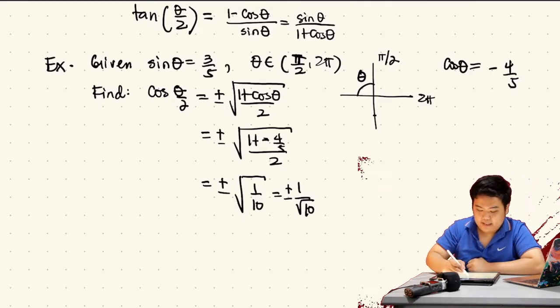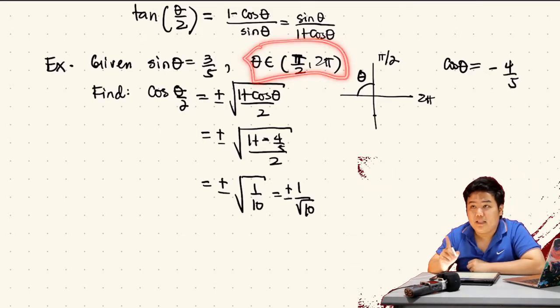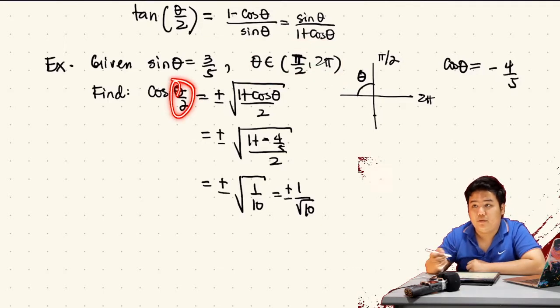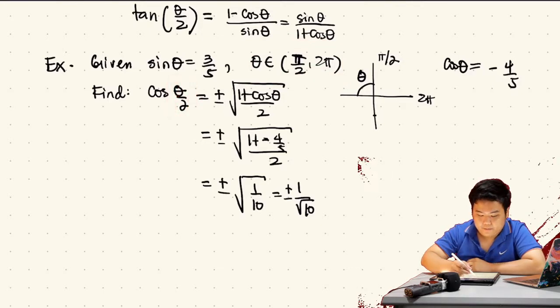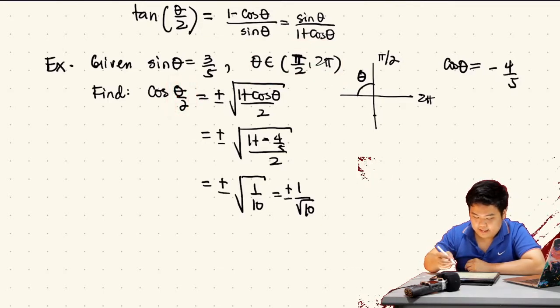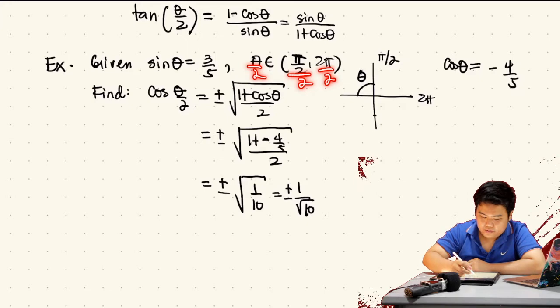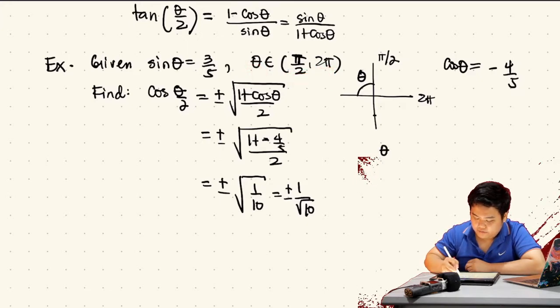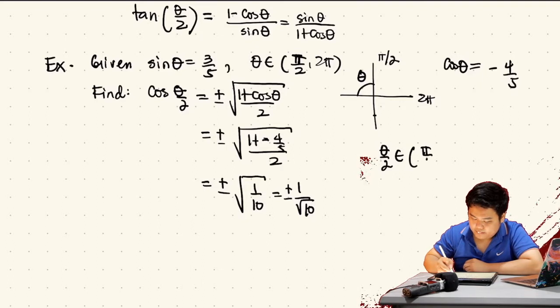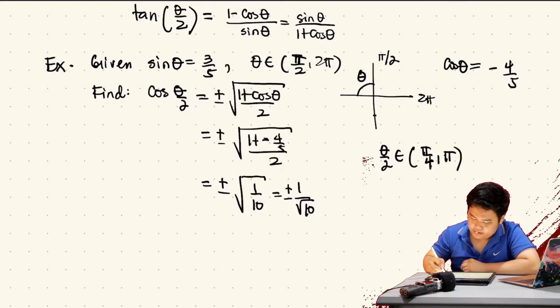So, babalik tayo sa restriction ng theta. Pero ang usapin na natin ngayon is theta over 2. Nasaan si theta over 2? So, ang gagawin natin, hahatiin natin to sa dalawa. Over 2, over 2, over 2. So, makukuha natin, theta over 2 is between pi over 4 to pi. Nasaan yun?